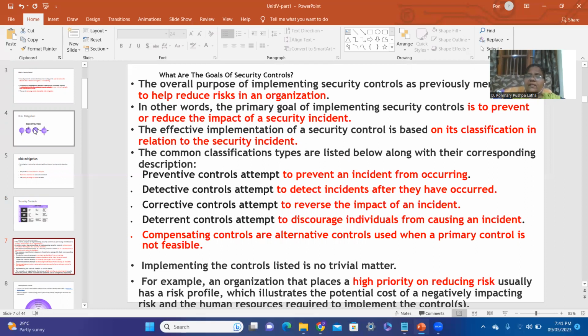You have to detect the incident. You have to discourage individuals from causing an incident. If a person is always damaging things, you have to discourage them. High priority has to be given to reducing the risk.